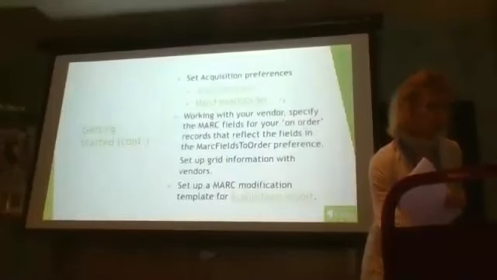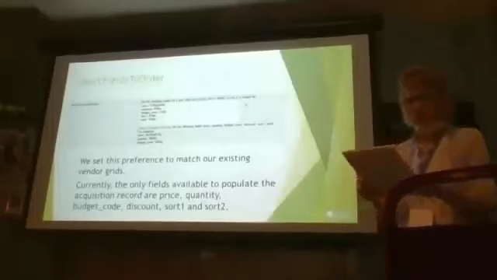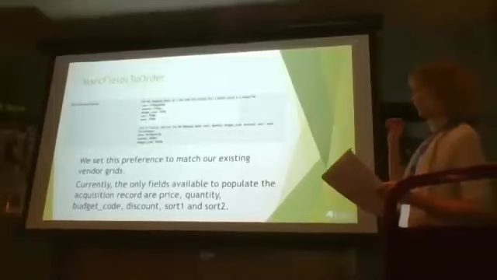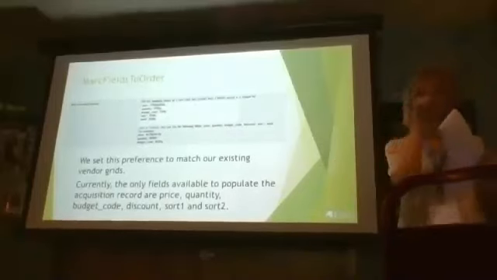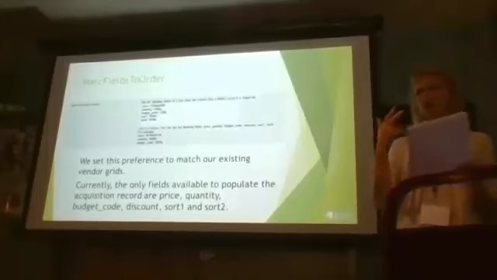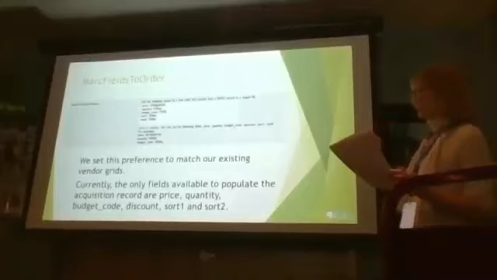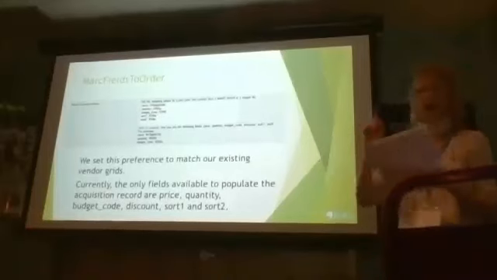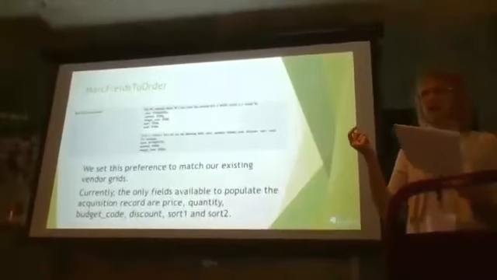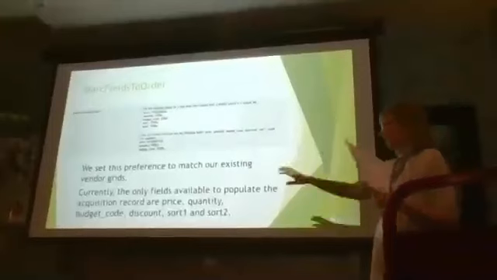Then the other one is mark fields to order. So this is preferences that allow you to specify the values for the acquisitions record, that little brief record that I mentioned. You can tell it what fields you want to. Right now, I think I looked at the documentation for 1611, I think it was, or maybe it was 1705, I can't remember.